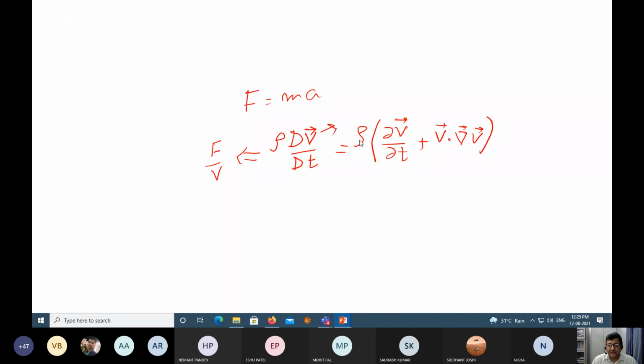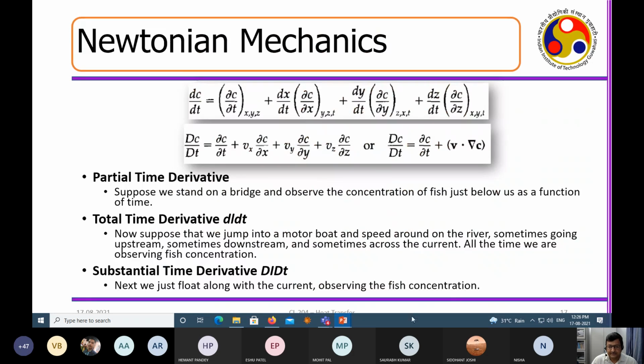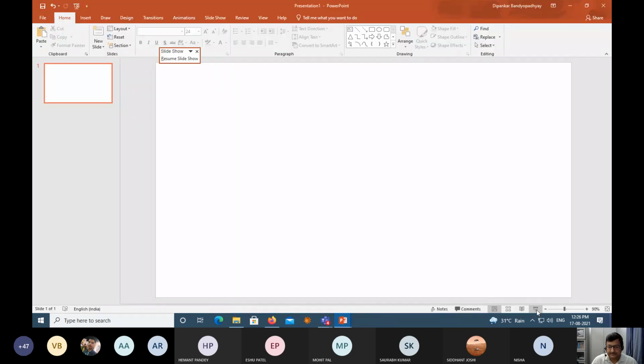Now you tell me what is the unit of this? Let me expand the thing for you. It will be much easier. See, what does it mean? This means del v by del t. Suppose I'm writing only the x component, del u by del t plus... let me discard this. I'll come back here.